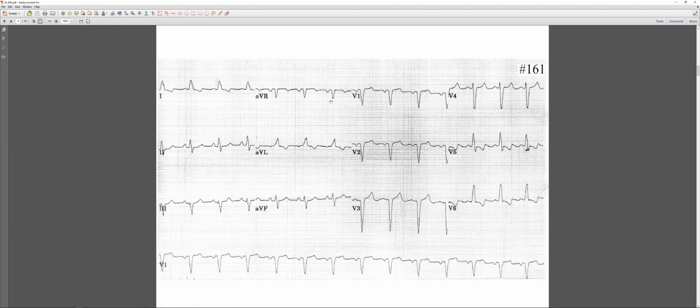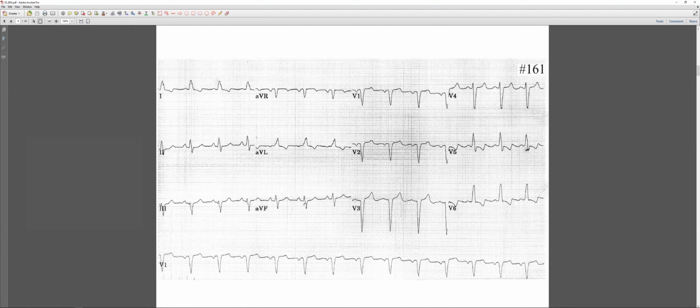It's not particularly large in any of the leads. Good, go on. The axis of the heart: lead one is positive, so it's not right deviated. AVF is negative.